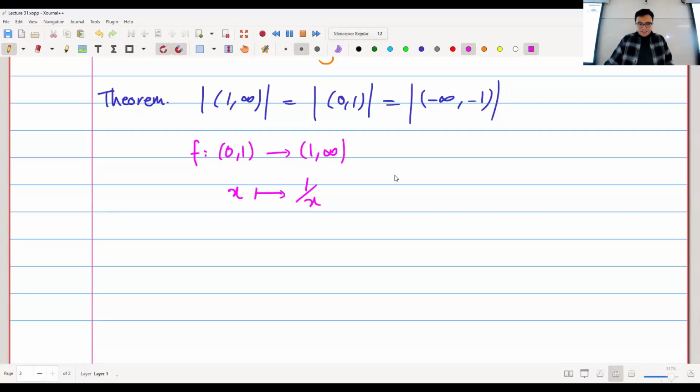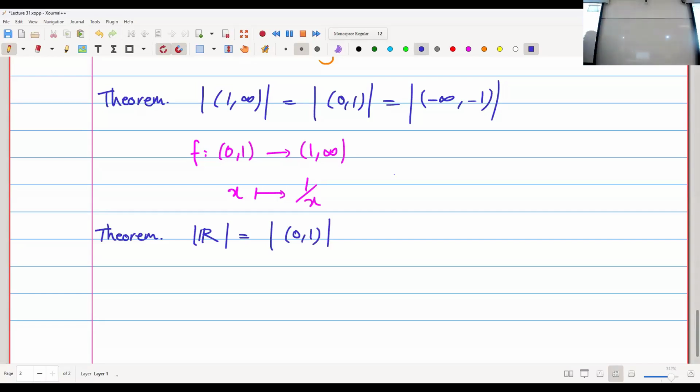So all these segments are the same size, which actually gives me my next theorem, which is this one. R itself, all of the real numbers, has the same size as a segment. And we've already seen that it doesn't matter which segment I put here. So every segment has the same size as all of R. Okay. Why is that the case?